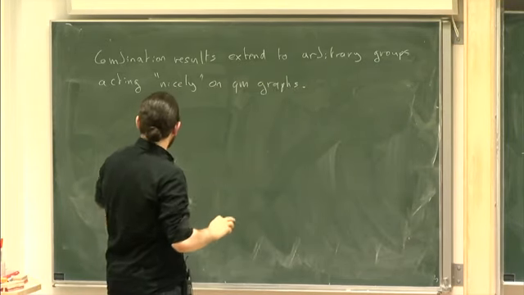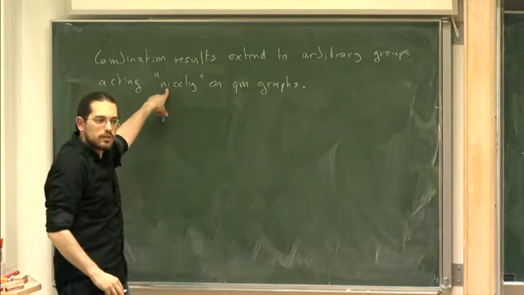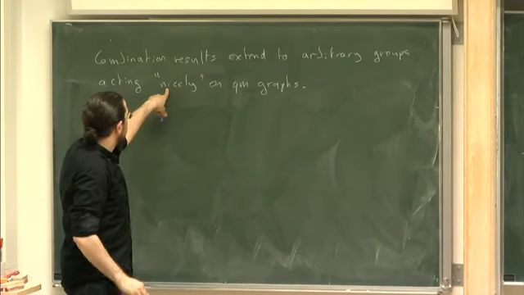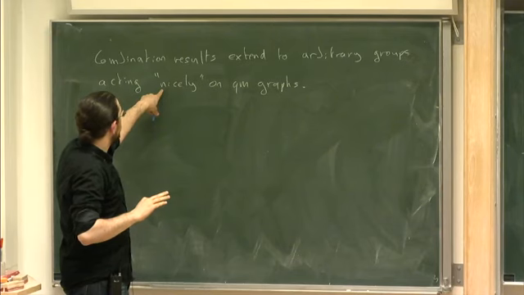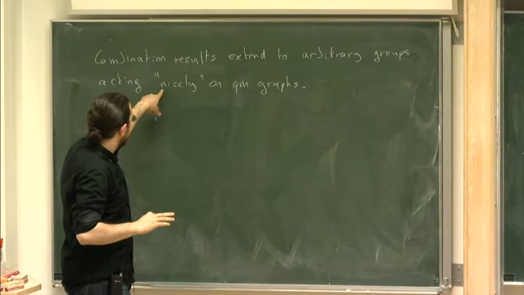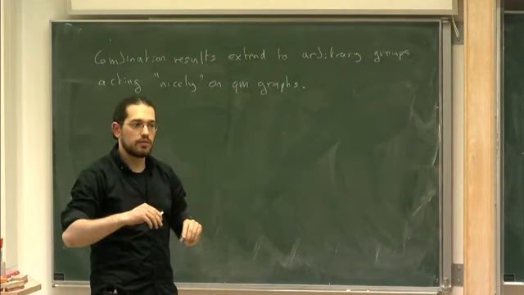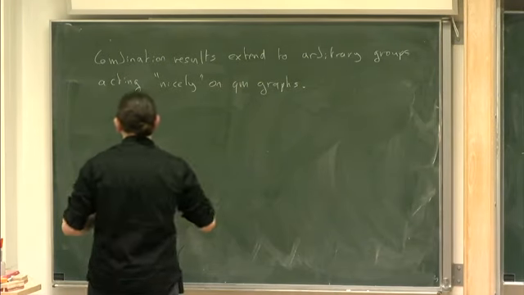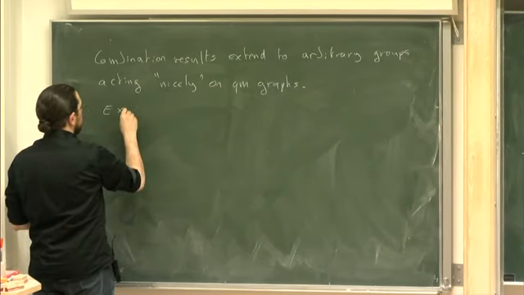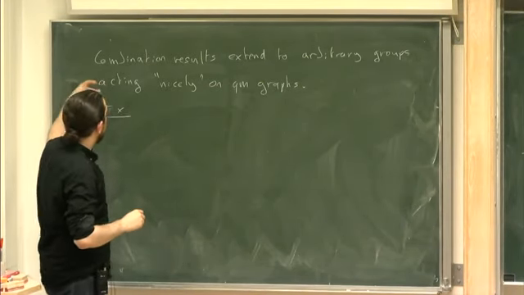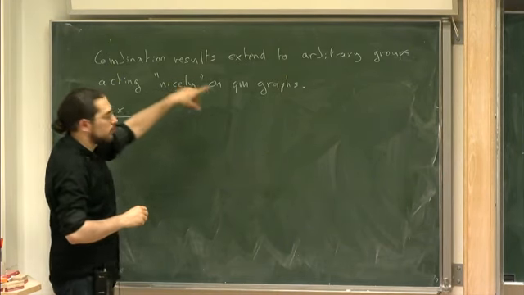Here I do not define what nicely means, because I will just say that this is a very restrictive definition, but it's interesting that there are many examples. So I will just give a list of examples of groups acting nicely in this meaning on quasi-median graphs.